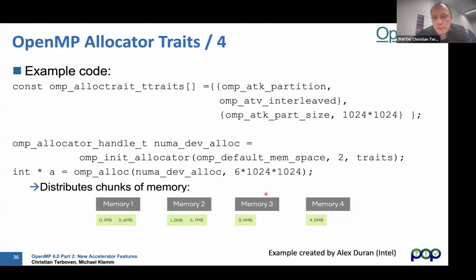So if we have 4 physical partitions of the memory, that's what I'm trying to illustrate here. The first megabyte will be physically allocated on the first memory partition, the second going here, the third going there, the fourth going here, the fifth again, round robin going on the first memory partition, and the sixth would go there.